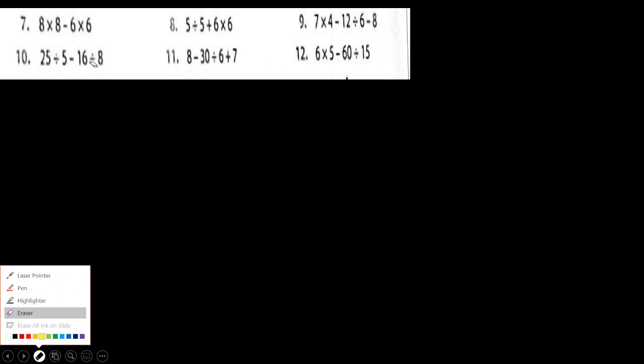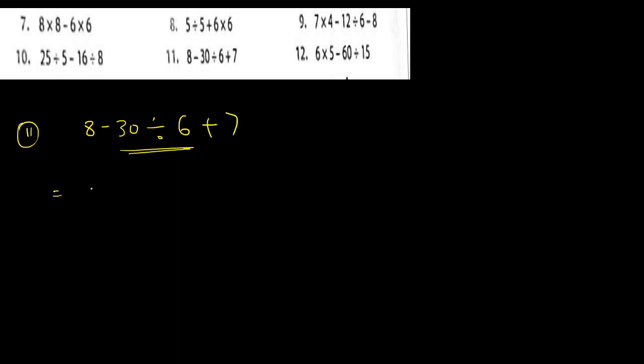Now question 11. Question 11 is 8 minus 30 divided by 6 plus 7. Now divide 30 by 6. So you will get 5, and you will get plus 7. Now what will you do? You will do addition. But you will add 7 with 8.